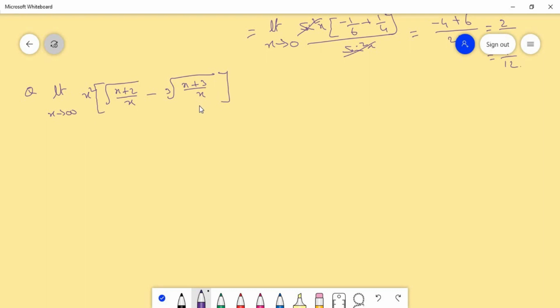Here also check once. In the place of x, apply infinity, then we get infinity minus infinity. And one more check here. This is totally we get 0. This is infinity. Infinity into 0 form also we get here. Remember that.